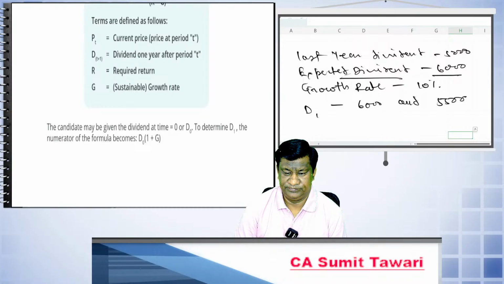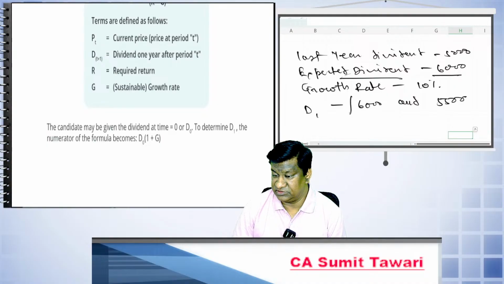Either 6,000 or 5,500. Anyone can guess? The 6,000. Yes. So you need to consider the 6,000.